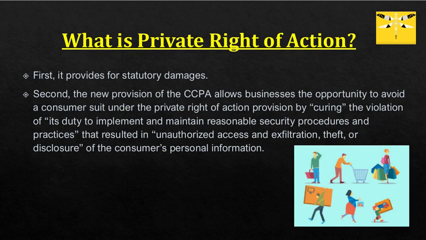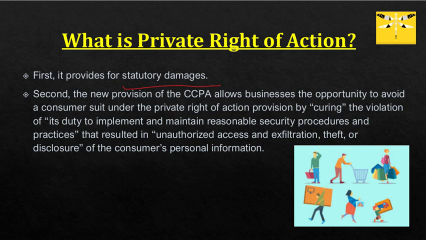Now, what is private right of action? Firstly, private right of action provides for statutory damages. Now, you must be thinking, okay, but what does that mean? In many data breaches, demonstrating and quantifying the damage caused by a breach can be very difficult for a single person, making it hard for the plaintiff to successfully sue and obtain monetary damages.